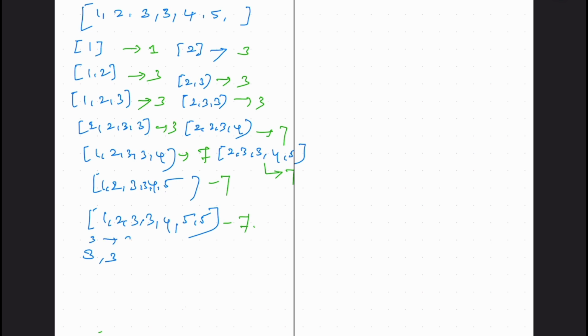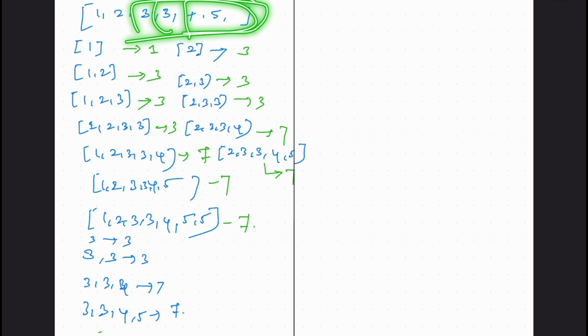Initially 3 will be 3, 3 3 will also be 3, 3 3 4 will be 7, and 3 3 4 5 will be 7. Got it?